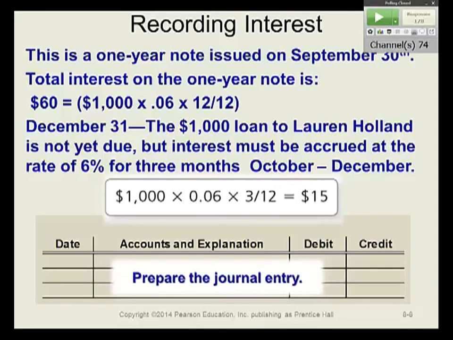And the interest has to be recorded in the appropriate period, so that you have 3 months in 2013, and the balance, 9 months of interest, is in the following year. So at the end of 2013, you have to come up with an adjusting entry. And that adjusting entry is going to debit the interest receivable and credit interest income.